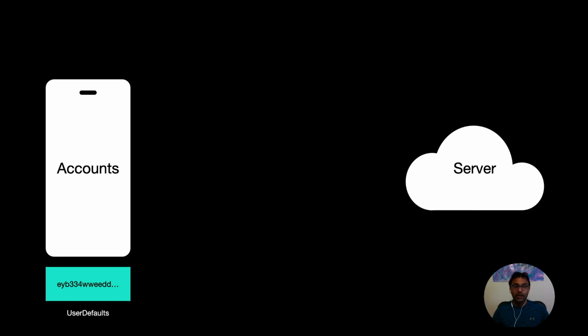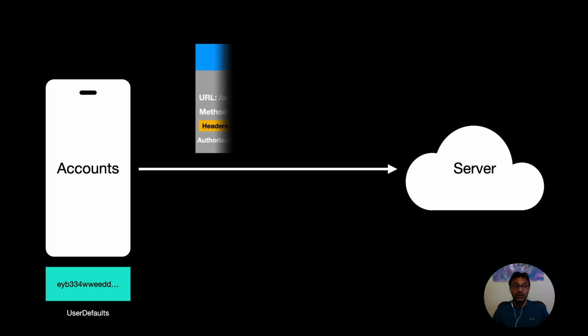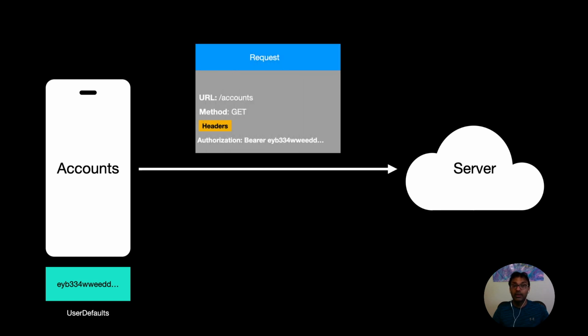Now, let's say that once we have the token, once we are done with the login screen, and we say, hey, we want all the accounts, then every single time we want a protected resource, like our accounts or maybe our update profile screen, meaning in order to get that resource you need to be authenticated, the iPhone app or your client needs to send a request, but in the request, they also need to send in the token.